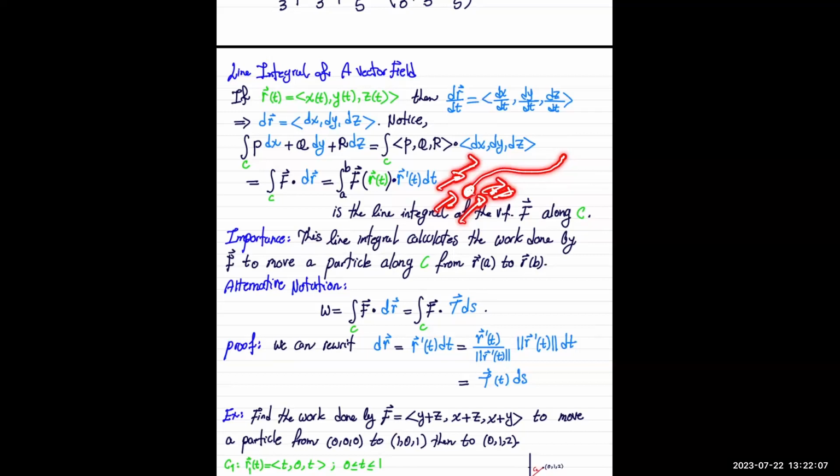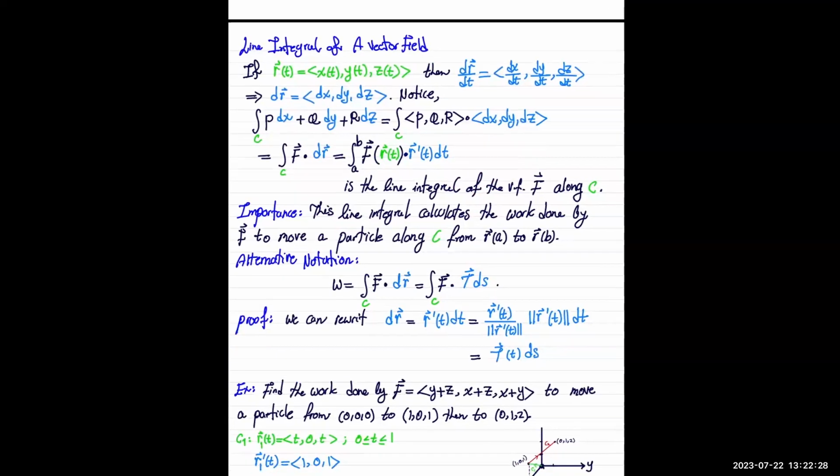So what this vector field does is that it moves a particle along this curve from one point to another point. We want to know how much work was done by that vector field for this movement. So work is the line integral of the vector field.